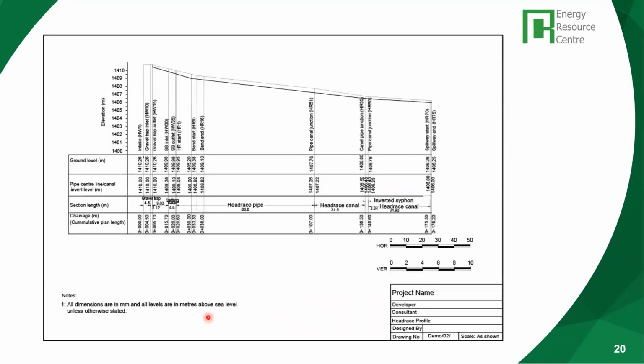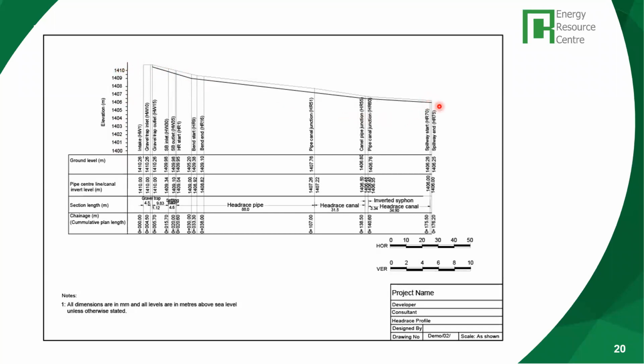And this is the headrace profile. Over here in the headrace profile, I think some of you who have an engineering background will understand this very well. It shows you the elevation of this canal, starting from 1410 meters and going up to here.